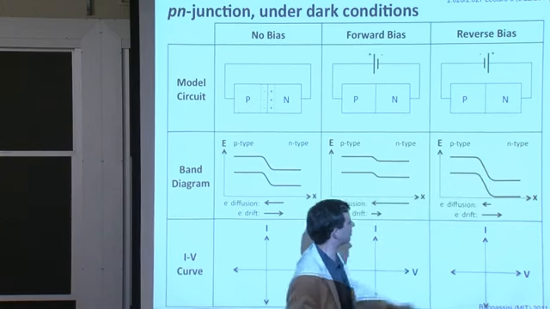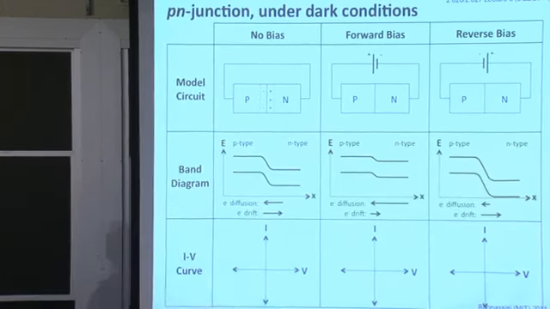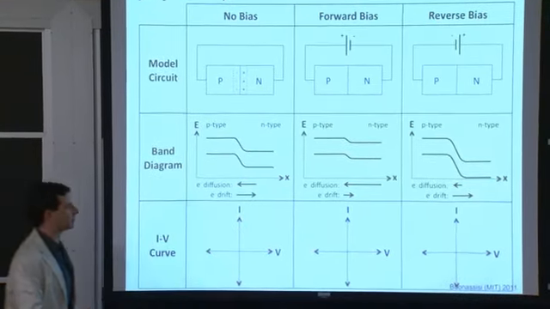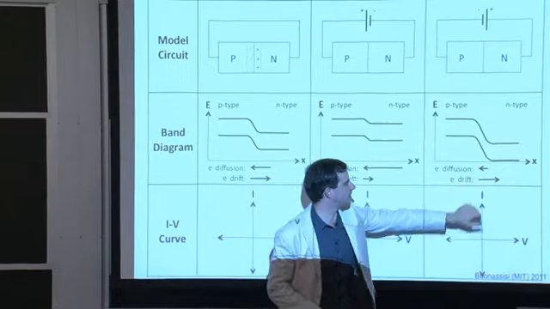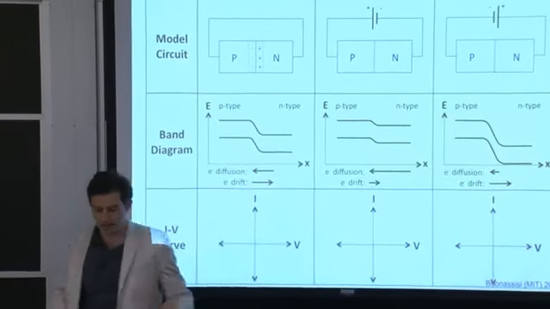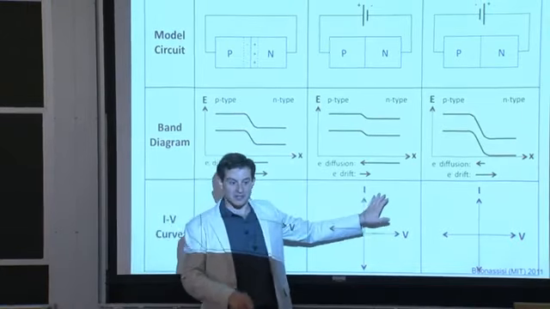And the diffusion current is going to be drastically reduced because now the energy barrier is so large that the electrons have a very hard time getting from the n-type material into the p-type material, and the net current flow is in the opposite direction. Does this make intuitive sense to folks?